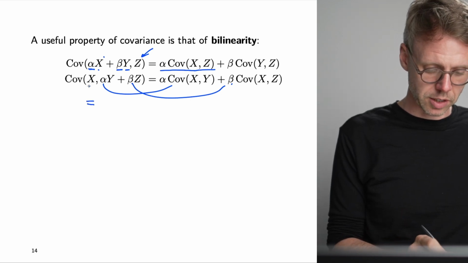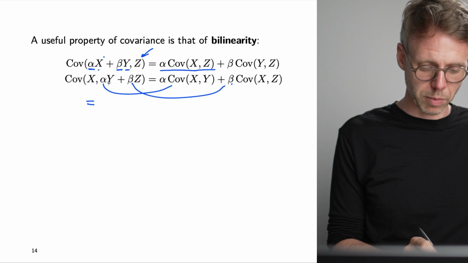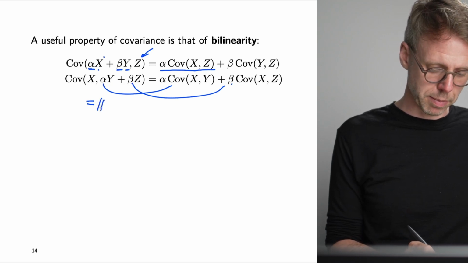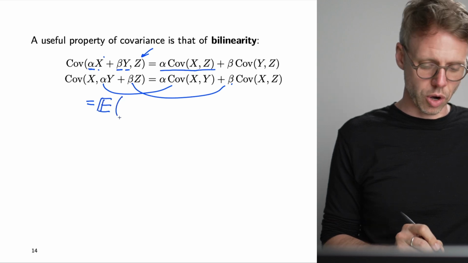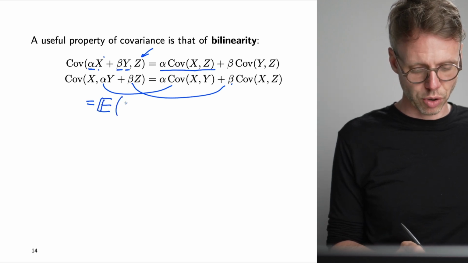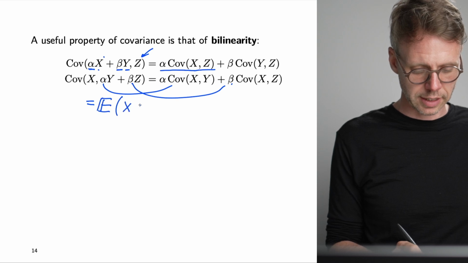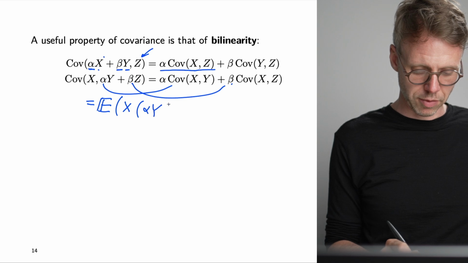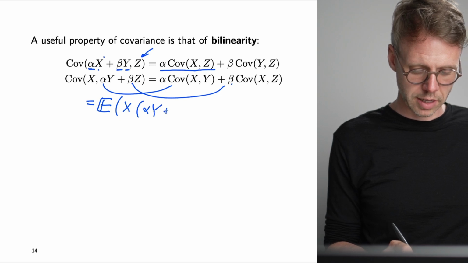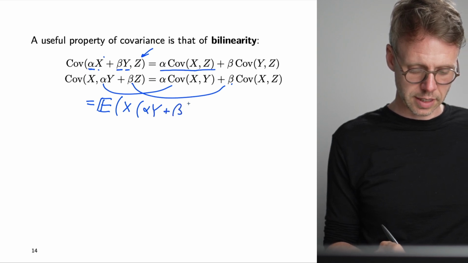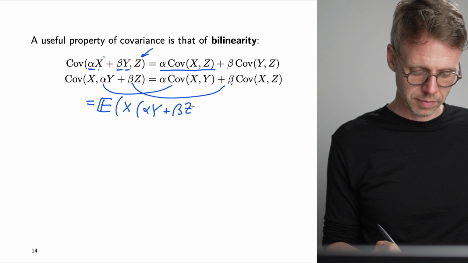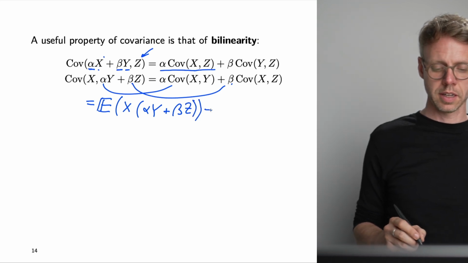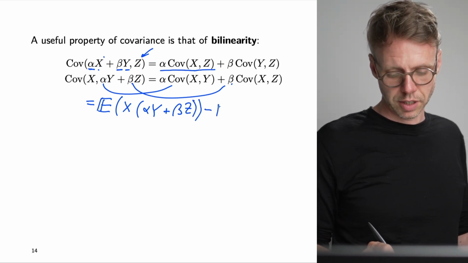So the covariance of x and alpha y plus beta z is equal to the expected value of the product of x and the other side, so that's the weighted sum of y and z, minus the product of the expectations.